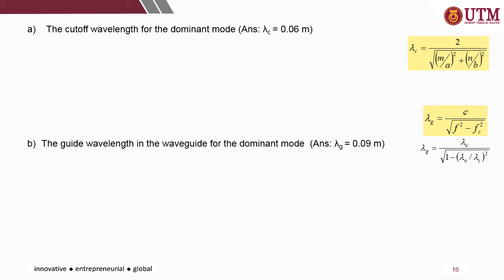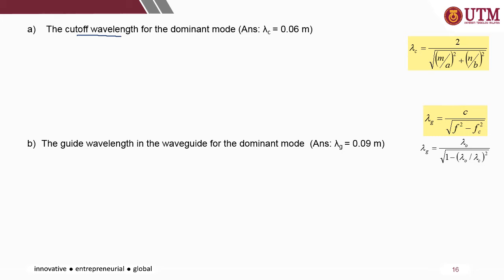Okay, let's calculate the first one, the cutoff wavelength, lambda c. Please refer to the appendices or the table. Make sure you choose the correct equation and write down the general equation before you solve them.